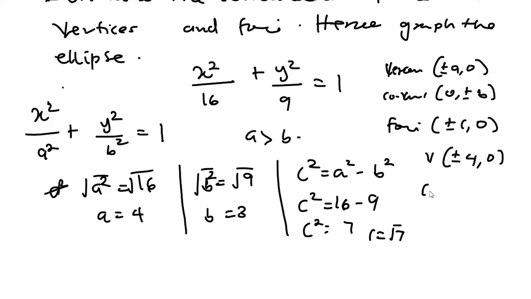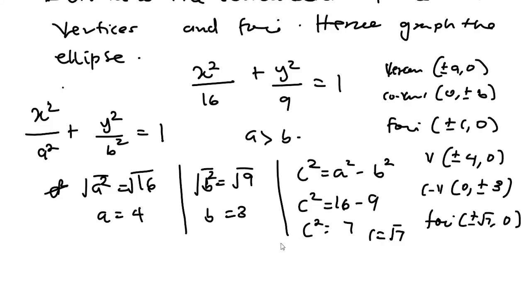Then our co-vertex will be 0, plus or minus 3. Then we have the foci being plus or minus root of 7, 0.